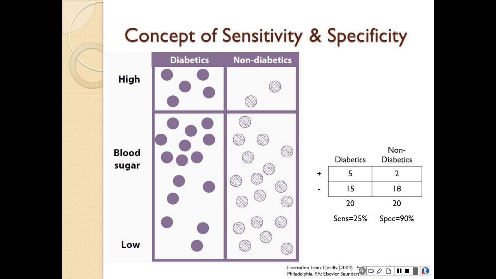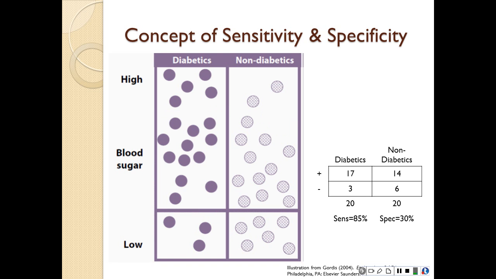Now, we could decide to use a low cutoff point. When we use the low cutoff point, we get most of the people with diabetes, so our sensitivity increases. We get a high sensitivity. Here we have a sensitivity of 85%. We identified 85% of the people that had diabetes.